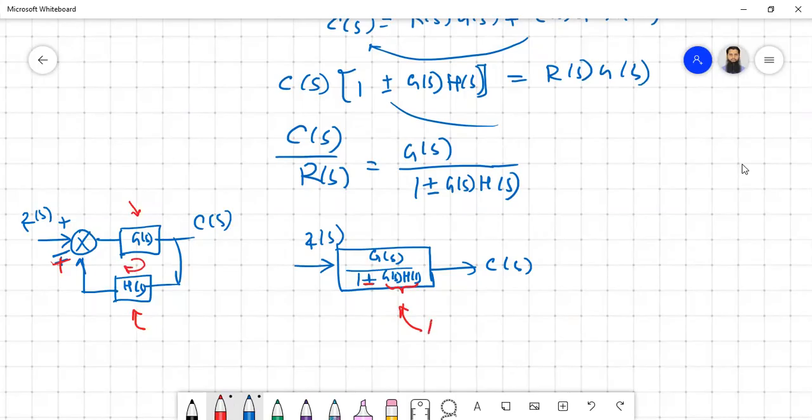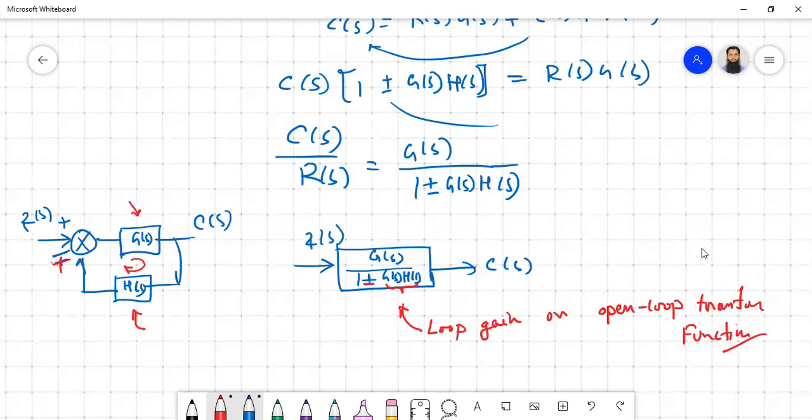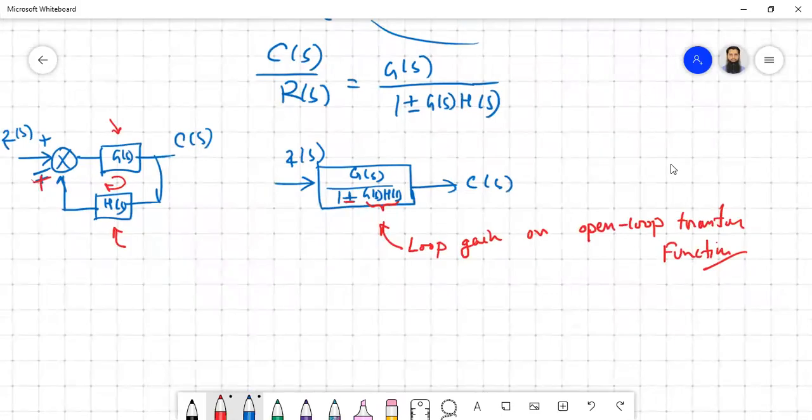So this is also known as loop gain, or open loop transfer function. So three forms we have studied.